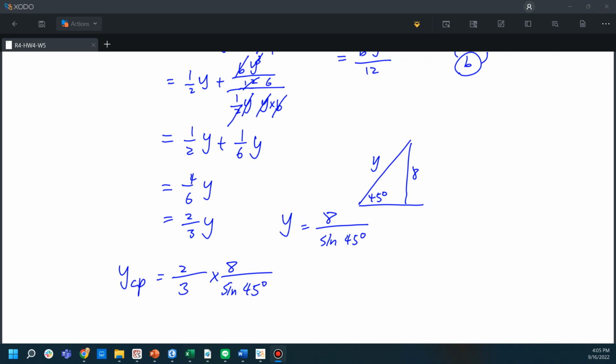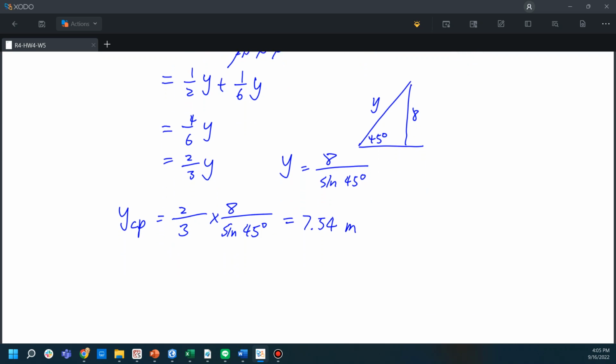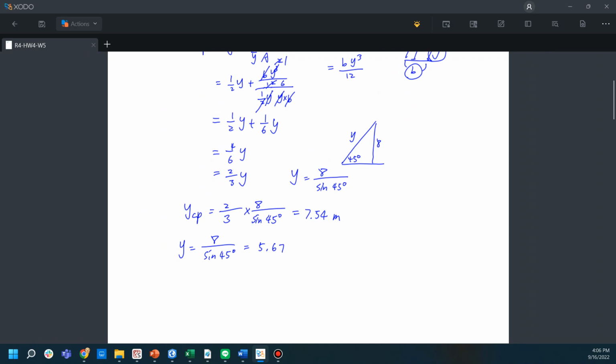And this gives us the value 7.54 meter. And if we calculate 8 divided by sine theta, which is equal to Y, then it gives us 5.67.